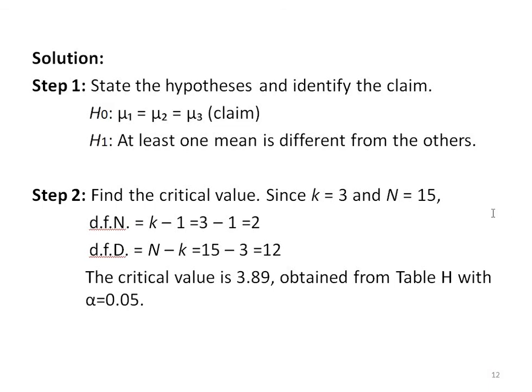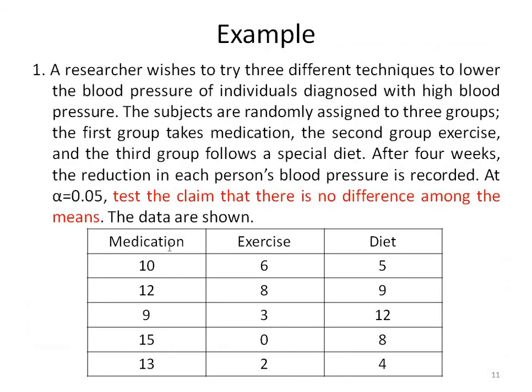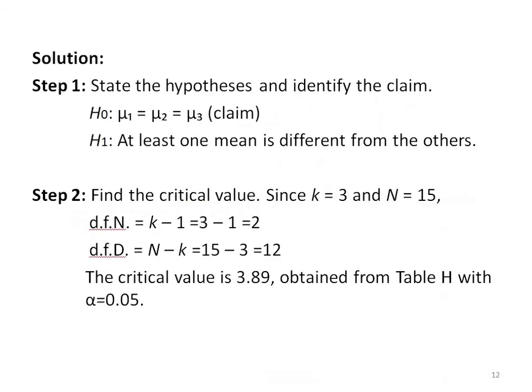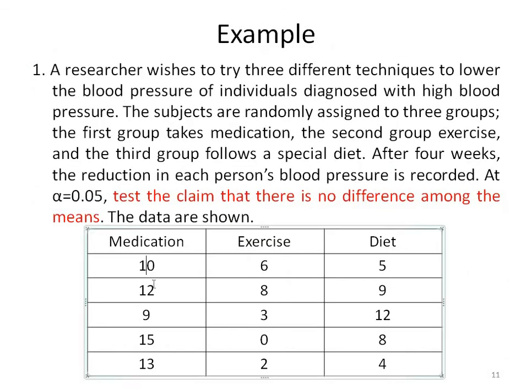Since K equal to 3, K is the number of groups, we have medication, exercise, diet, so 3 groups. K equal to 3. N is the total sample size. How we get this 15 is 1, 2, 3, 4, 5, 5 rows, multiply 3 columns, 15.